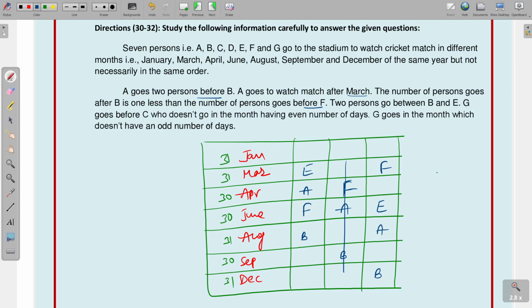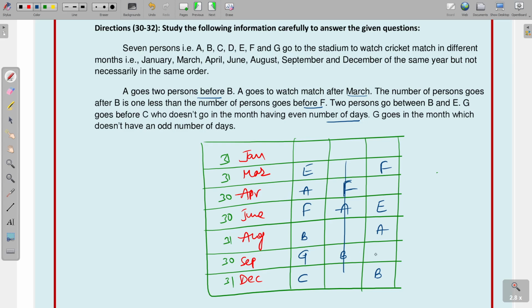G goes before C, who doesn't go to a month having an even number of days. So G goes before C and C is not in even numbered months. Suppose C is placed here, G goes in a month which doesn't have an odd number of days. So C and G are confirmed. Why? Because C is not in an odd number of days and G is not in an even number of days.